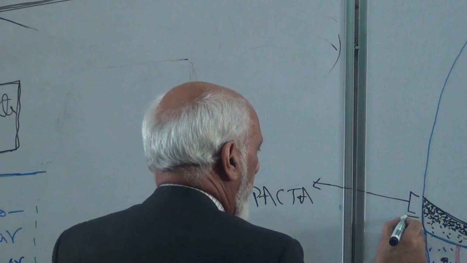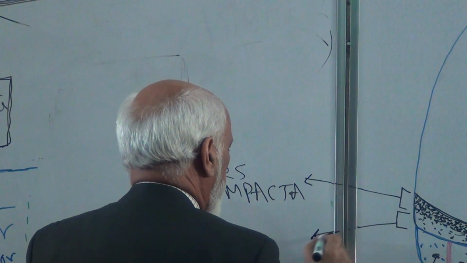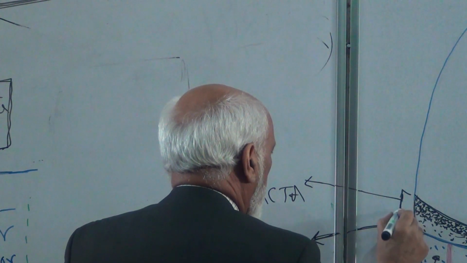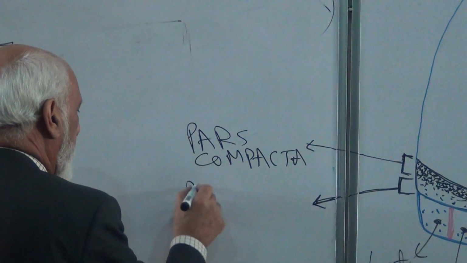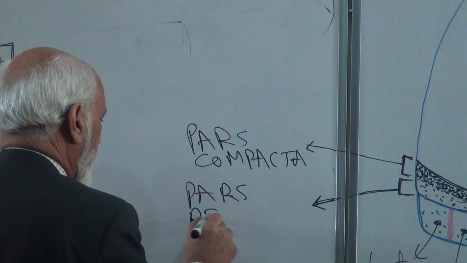While in the ventral part here, the neurons are loosely arranged, loosely dispersed, and it is known as pars reticularis.